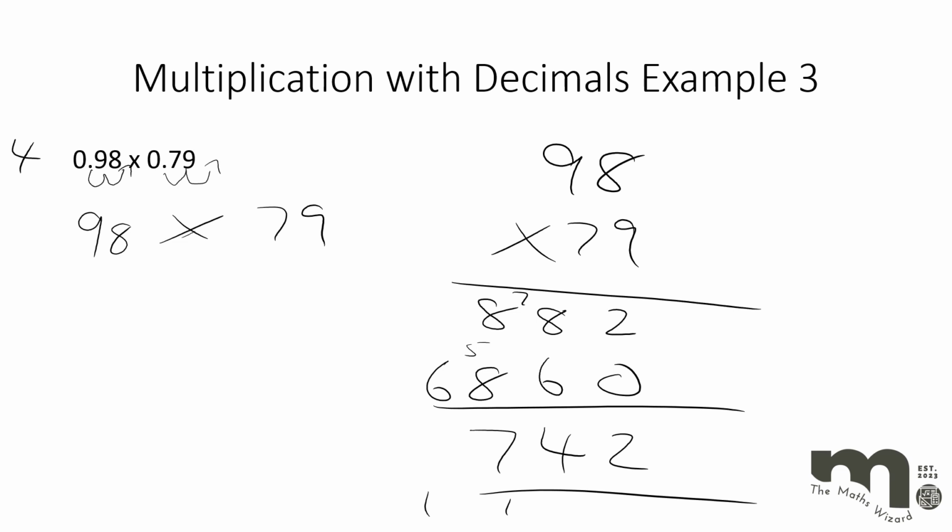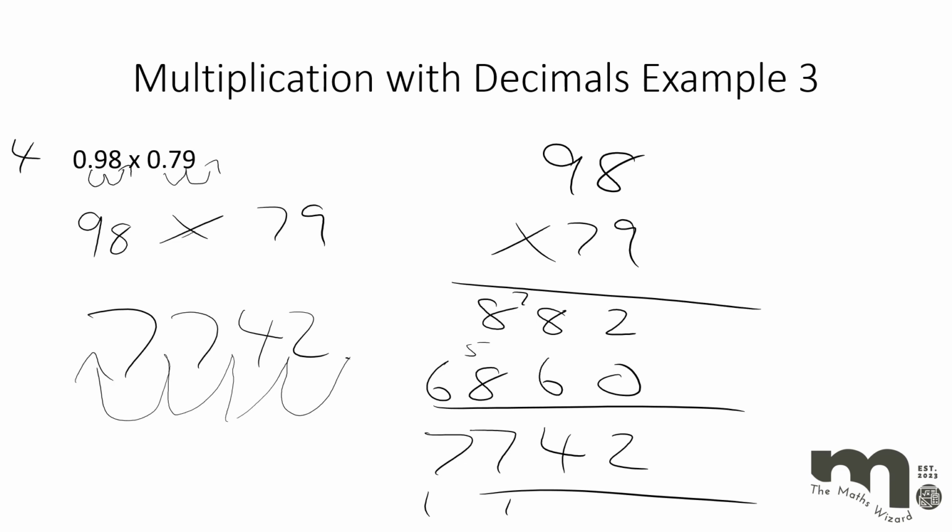And then we've got 6 add 1, which is 7. So we've got 7,742 there. So we've now got to move that decimal point back 4 times. So we've got once, twice, 3 times, 4 times. So we'll end up with 0.7742 on that particular one.